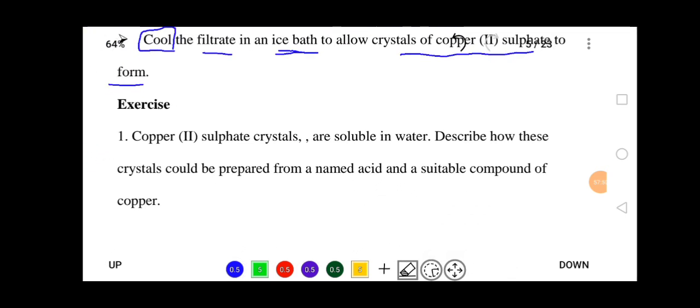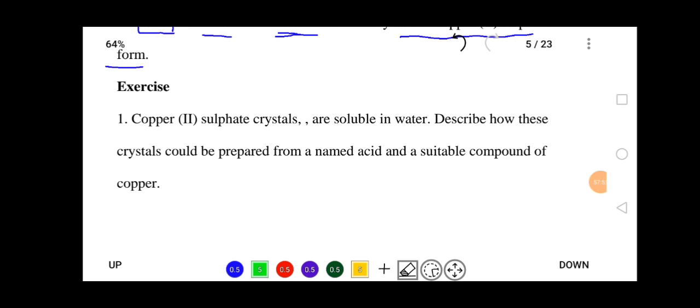If I see that it is very simple, I will just leave it for you. Copper 2 sulfate crystals are soluble in water. Describe how these crystals could be prepared from a named acid and a suitable compound of copper.